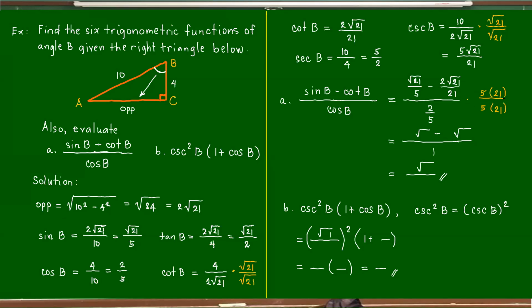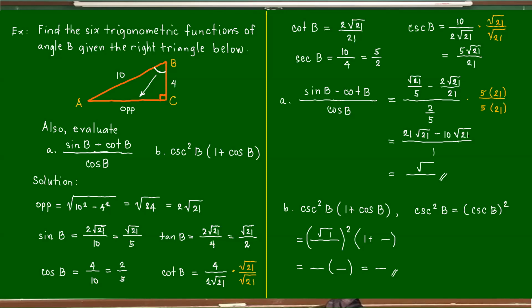So 5 times 21 multiplied to square root of 21 over 5, the 5 is cancelled, giving 21 square root of 21. What about 5 times 21 multiplied by 2 square root of 21 over 21? So 21 is cancelled, getting 10 square root of 21.